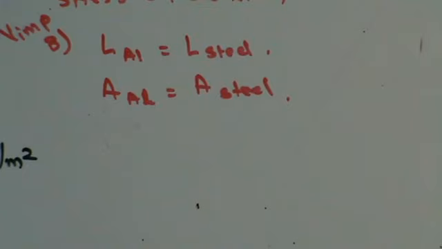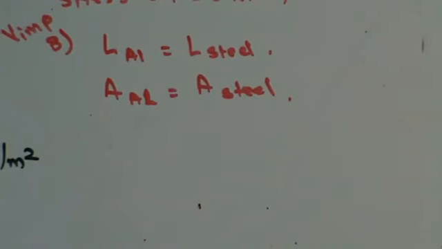The composite wire is hung from a rigid support and a load is suspended from its free end.